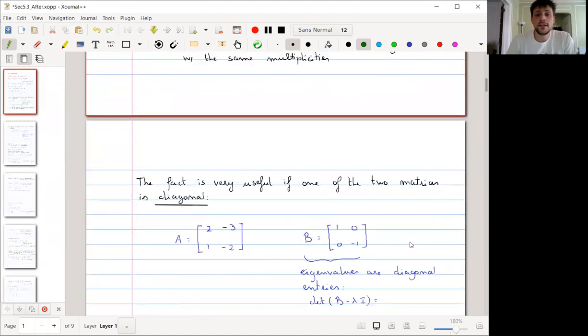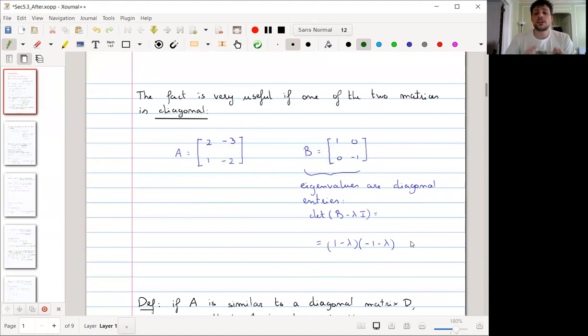We are interested in this fact especially when one of the two matrices is diagonal. In the example we looked at above, B is a diagonal matrix, which means that it's really simple to compute its eigenvalues.